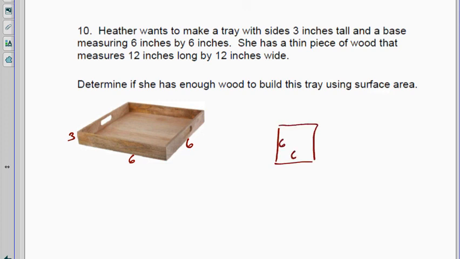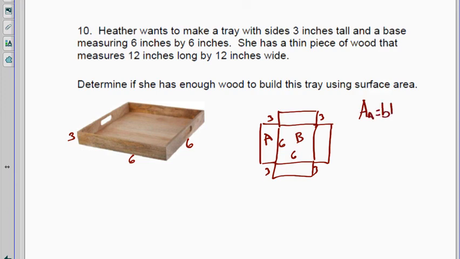6 by 6 square here. There it is. And then we have our sides on all four sides here. And they all have a measurement of 3 there. So I have 4 of shape A and 1 of shape B. Area of A is base times height, 3 times 6, is 18 units squared.